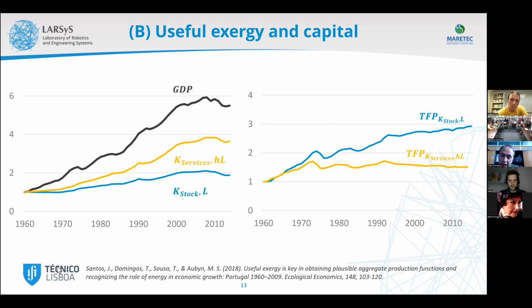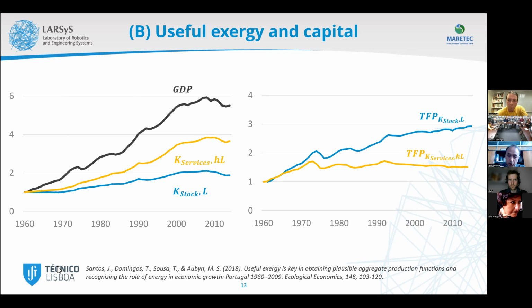And now the yellow line grows faster than the blue line because along the industrialization process of any country, including Portugal, a significant component is that the investment mix shifts from being dominated by buildings and infrastructure to having a lot more investment in machines, and then later into information and communication technology.